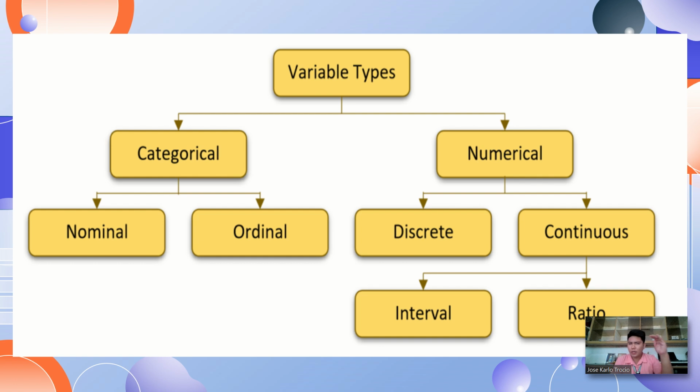ordinal, something to do with the ranking: first, second, third, again ordinal ranking. Or another example, the survey questionnaire that you ask, answerable by strongly agree, disagree, strongly disagree, very satisfactorily, unsatisfactorily, very unsatisfactorily, something like that.